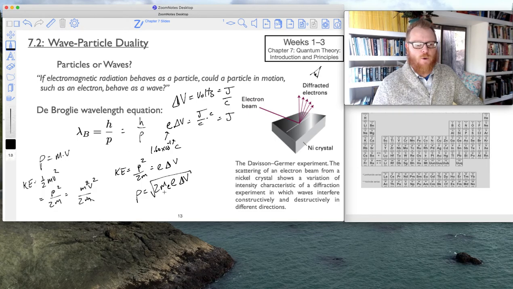Well, I'm going to rewrite this equation. Sorry, I ran out of room here, okay? I'm going to rewrite the de Broglie wavelength equation as lambda B, lambda de Broglie, equals h divided by the square root of 2 m_e e delta V. So why is that useful?